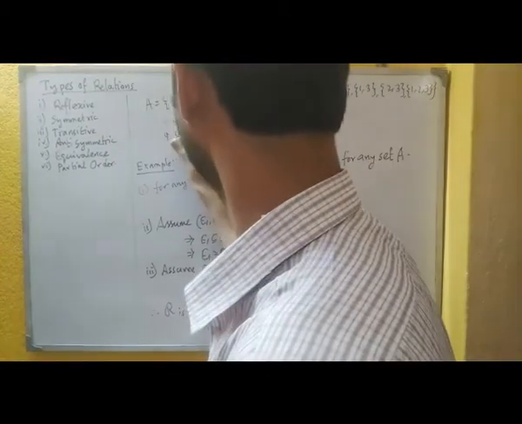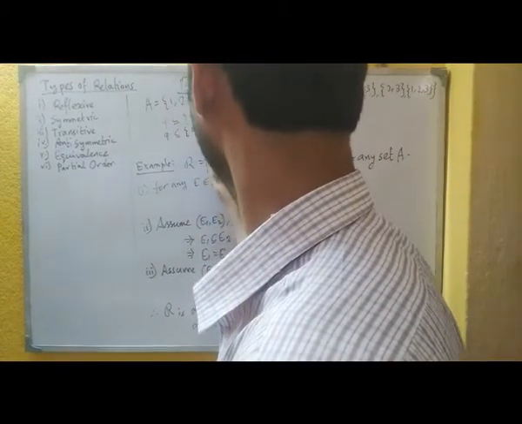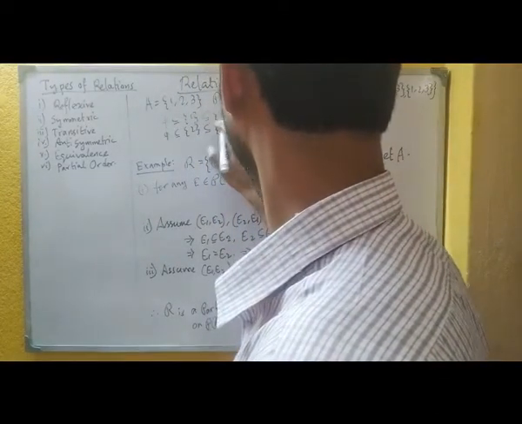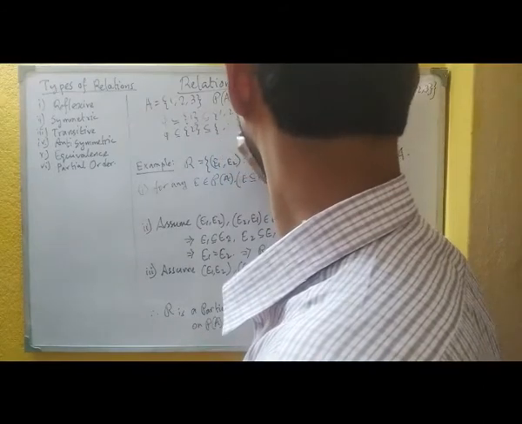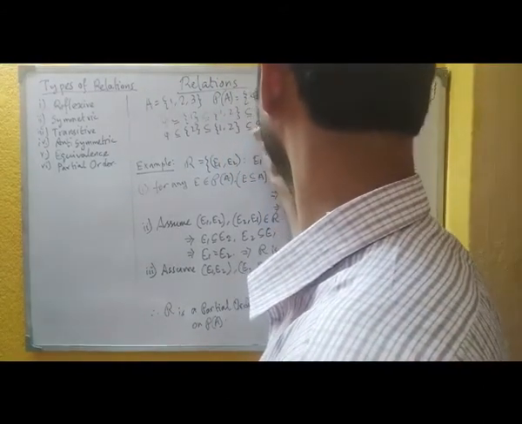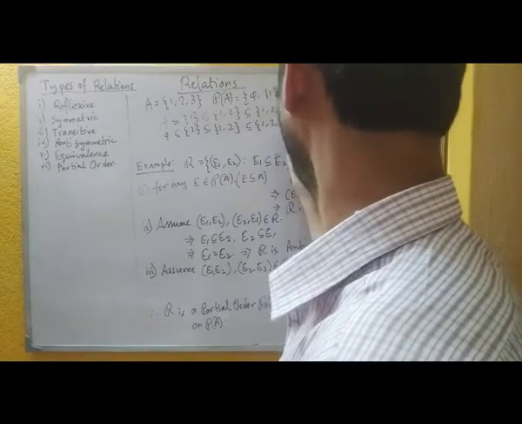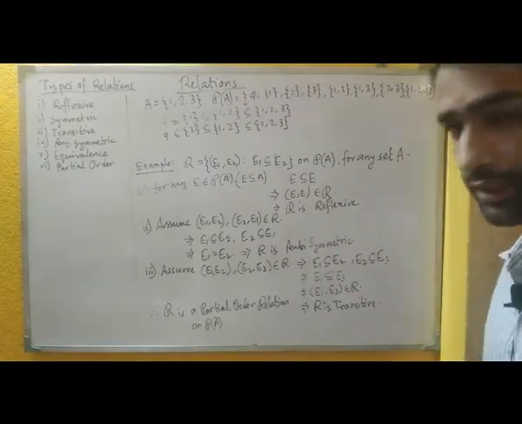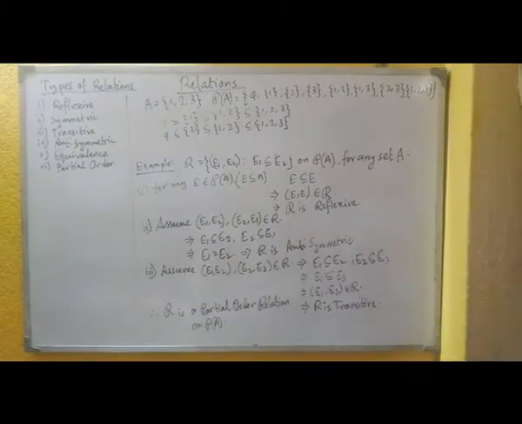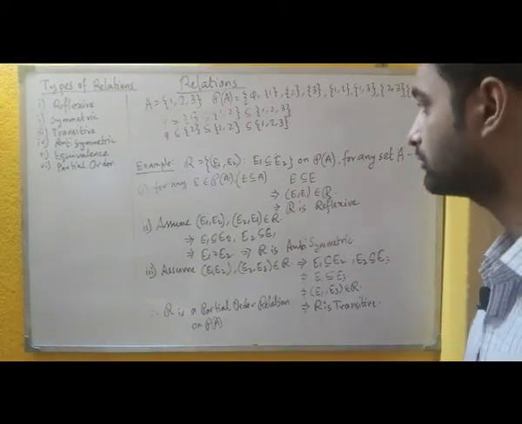Also, phi is a subset of {2}, a subset of {1, 2}, a subset of {1, 2, 3}. And in this way, we can order elements in a different number of ways.